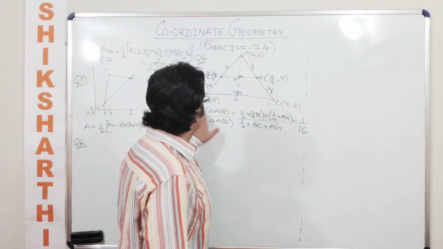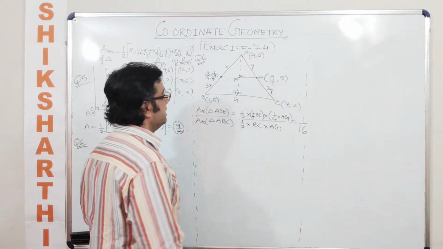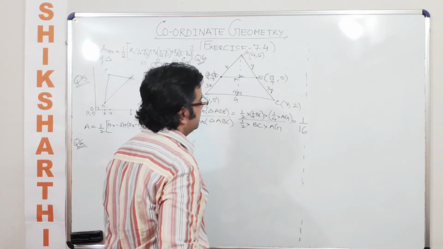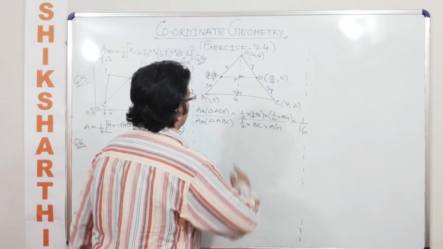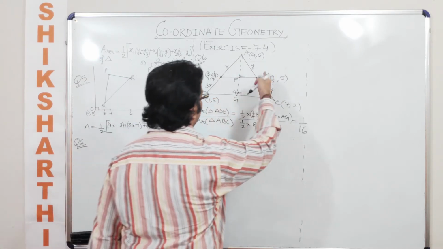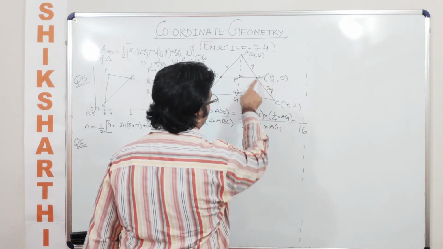So if 16 square units is the area of the triangle ABC, then 1 square unit should be the area of the triangle ADE. Now you can use this formula and check whether your answer is correct or not, and whether we have used these coordinates properly. So we just check these coordinates once again. We know that this ratio is 1:3.